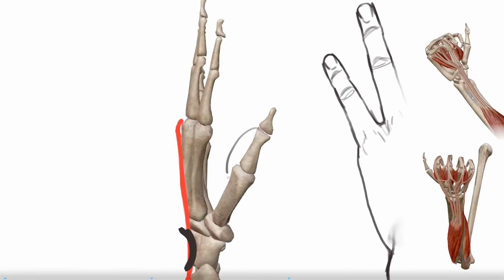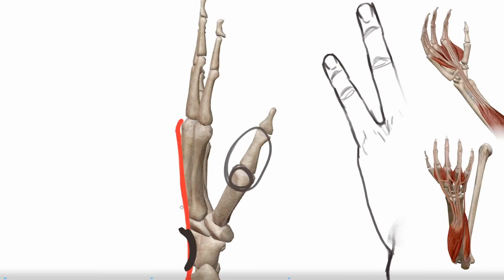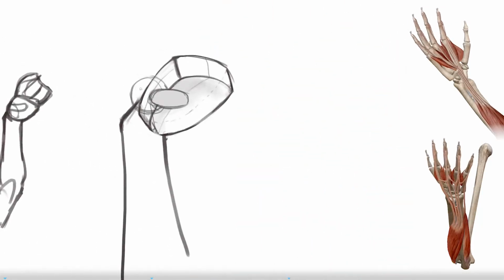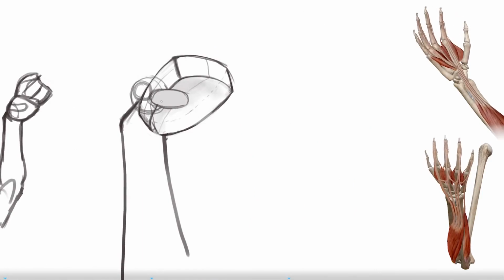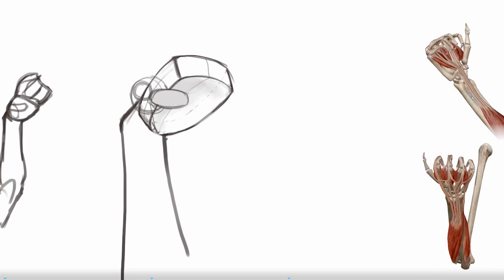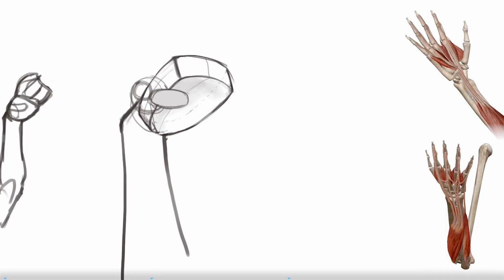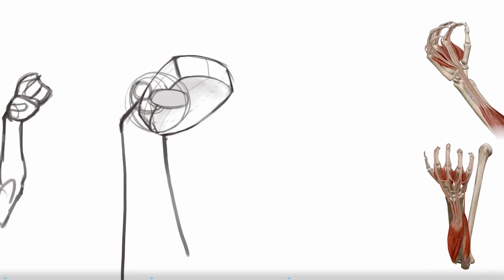So the ellipse is essentially this right there, with this part of the metacarpal, which should be around this point, right behind this ellipse. From this, what we can draw now is a circle going from here and wrapping this up together, a nice circle like this to indicate the mass of the muscle here.